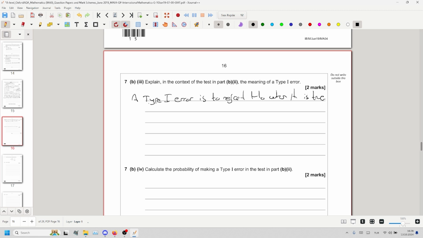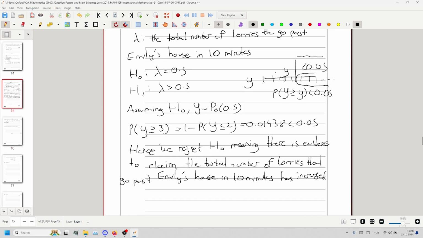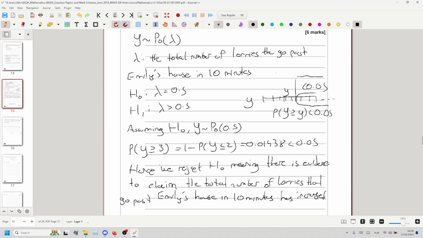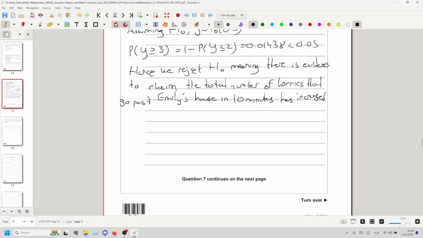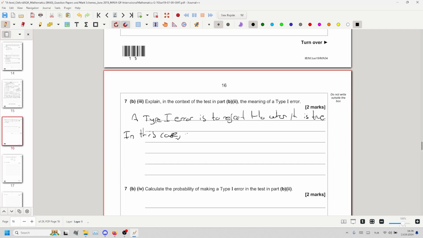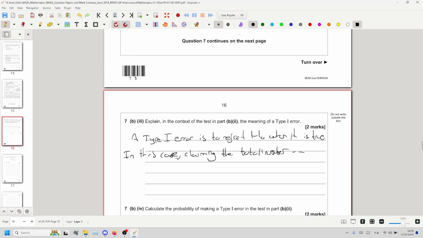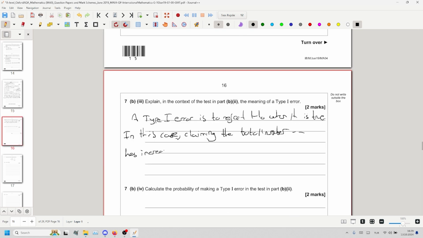So in this case, rejecting H0, so supporting Emily's claim, means claiming that the total number of lorries that go past in a 10-minute interval has increased, while it actually has not. You can write that out; I'm not writing all of that.